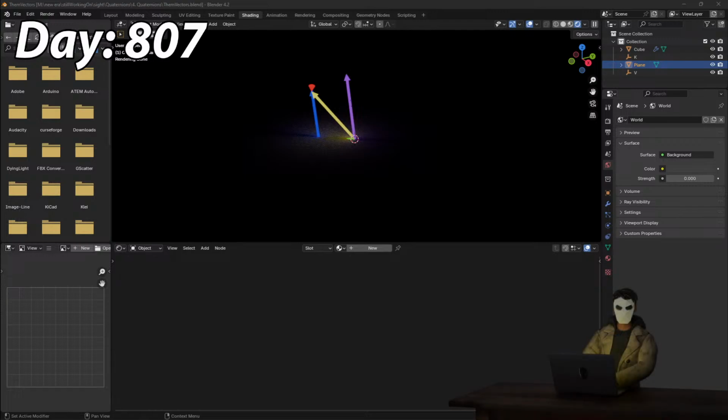Are these my last tiles? They look like it. Is this my, well, one of my last tiles, certainly.